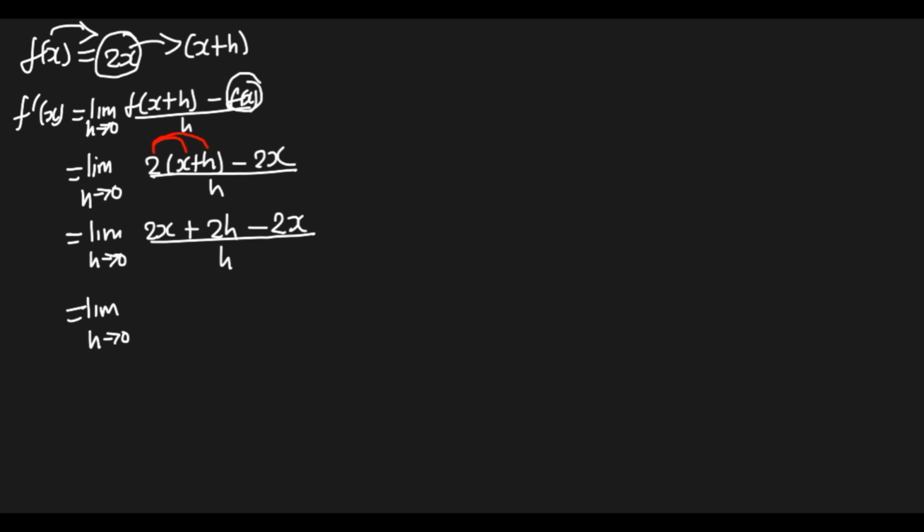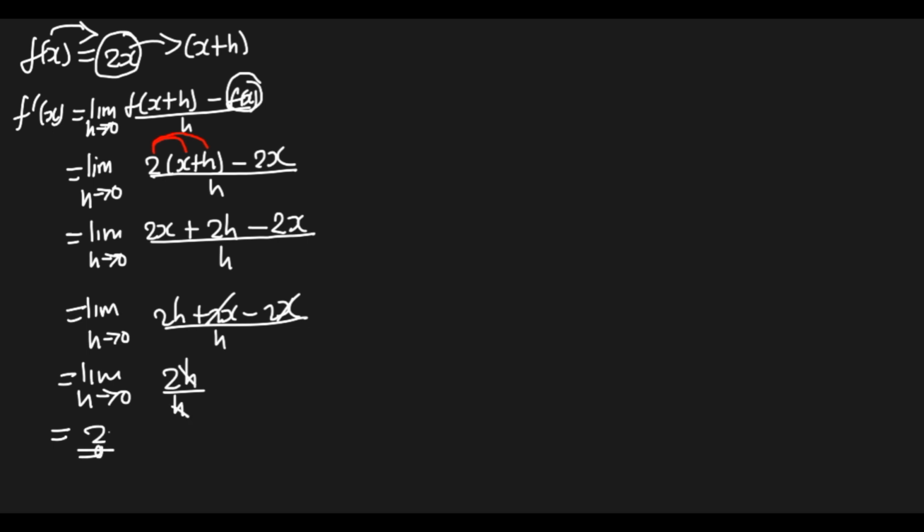So we can say that these two are like terms: 2h plus 2x minus 2x, over h. So the limit as h approaches 0. We know that these two will cancel, 2x minus 2x is 0. So we have 2h divided by h. So we can cancel the h. Therefore, our final answer is just 2. And we can prove this by using the power rule. We know that if we differentiate 2x raised to the power 1, we'll just remain with 2.